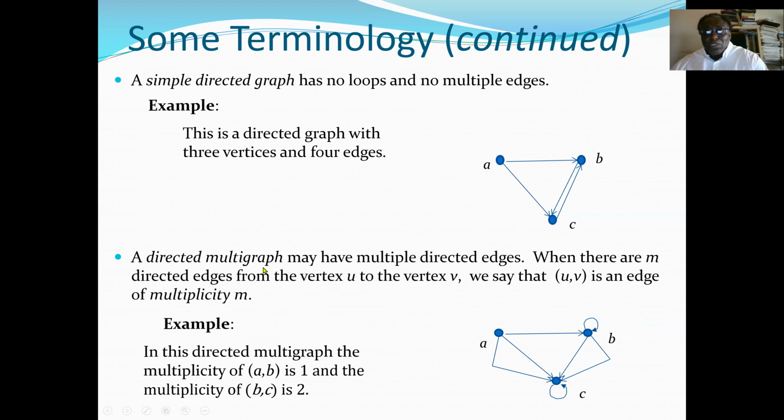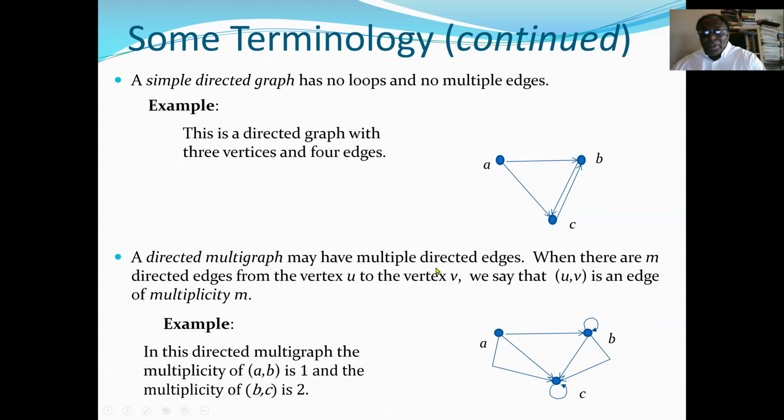A directed multigraph may have multiple directed edges. When there are m directed edges from the vertex U to the vertex V, we say that UV is an edge of multiplicity m.